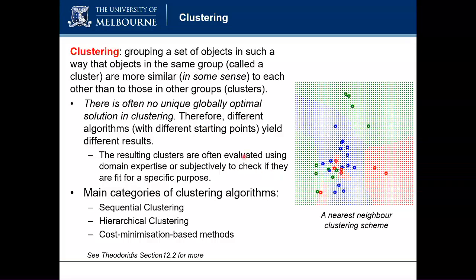And then sometimes you evaluate them from domain expertise. You look at it and say, if you can visualize it, this makes sense. Or you check if they are fit for your purpose. Maybe you do something with those clusters afterwards, and a certain clustering works better for you based on your purpose compared to another clustering.